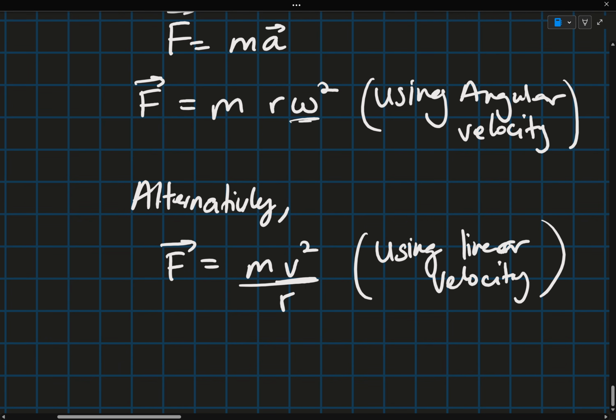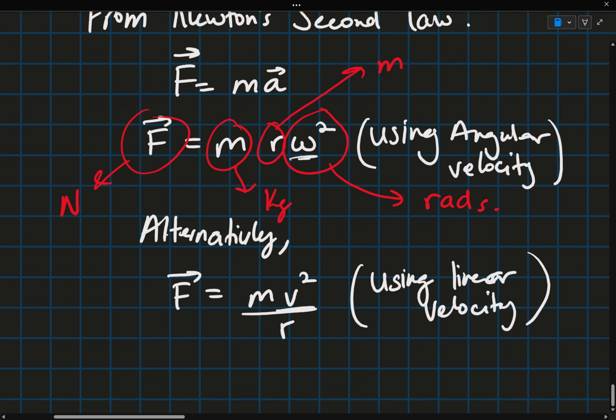And remember, this is force in newtons. This is mass in kilograms. This is the radius, measured in what? Meters. And this is omega, in radians. The angular velocity, well, the angular displacement rather, would be in radians there. And then down here would be the same thing.